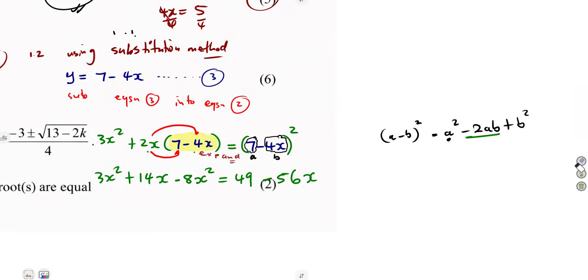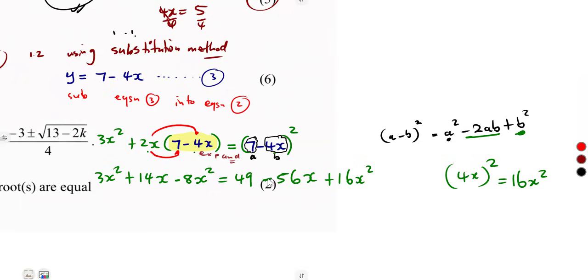Then the last part is b squared, the last term squared. That's 4x squared. 4 squared, 4 times 4, that's 16. Then x is also being what? Squared. So that's plus 16x squared. So that is a condition.